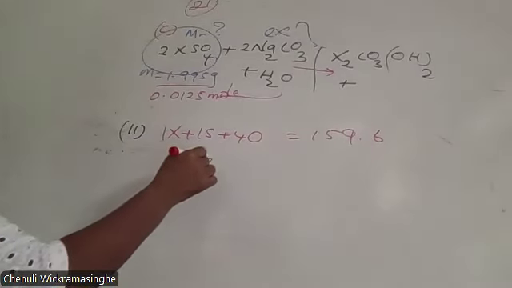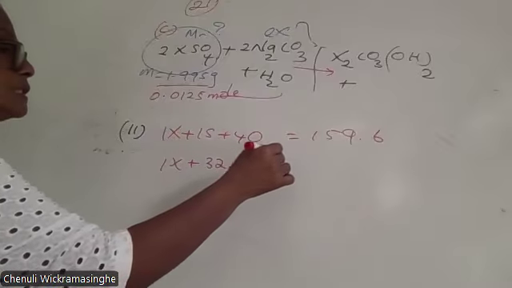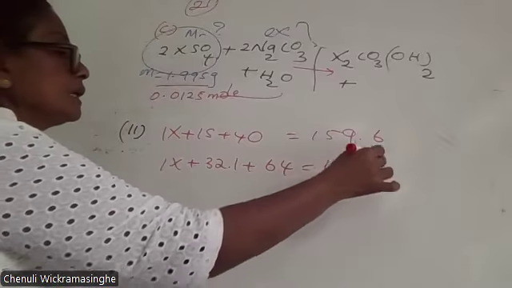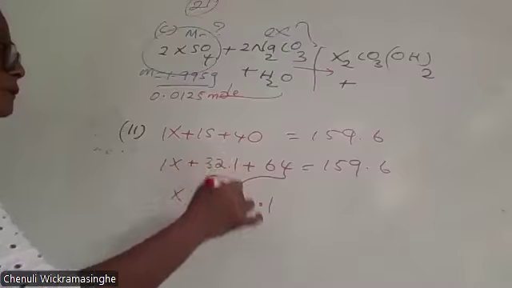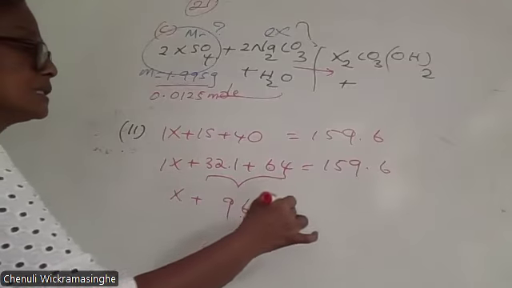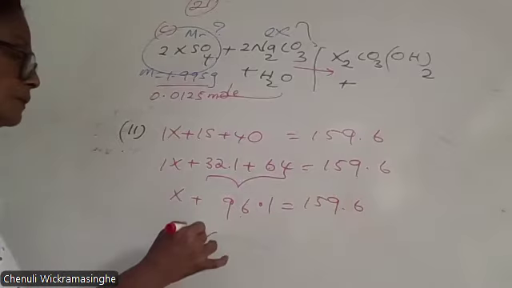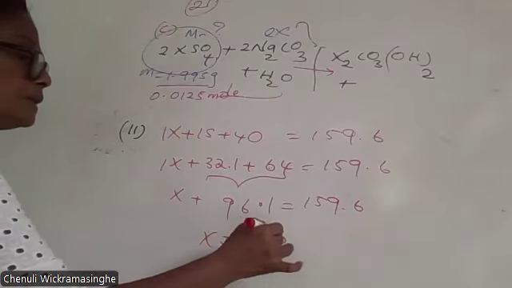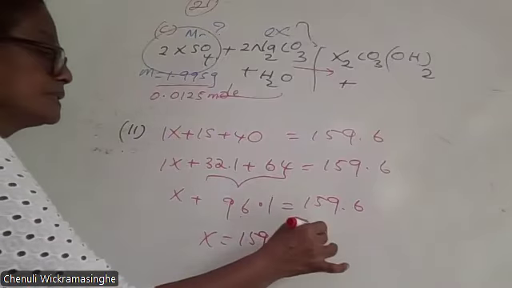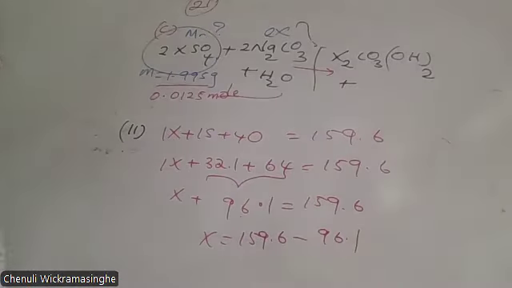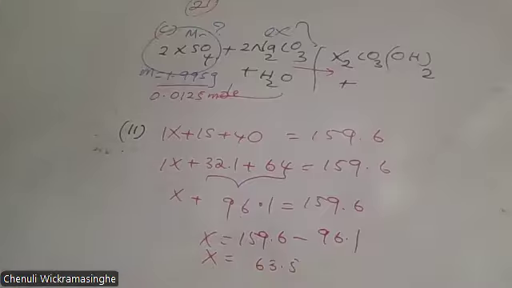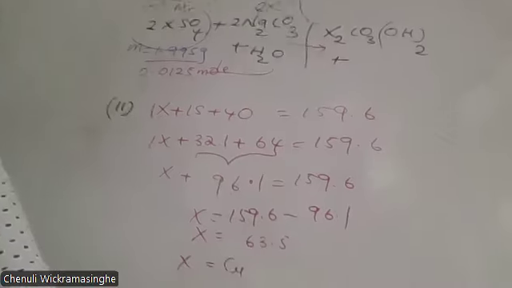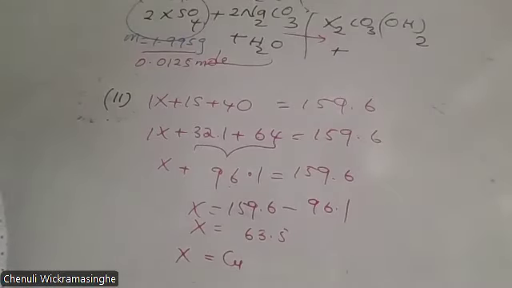X you don't know, sulfur is 32.1, 4 oxygen is 64, which comes to 96.1. Therefore, X is 159.6 minus 96.1, which comes to 63.5. So X is 63.5, therefore X should be the element copper, which has to be the best answer to identify X.